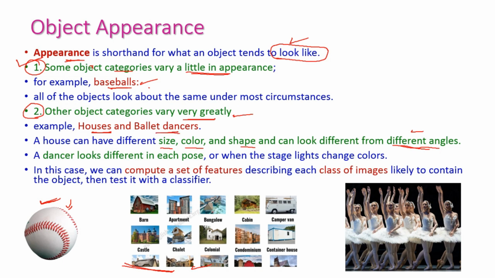While dancing the pose will change, and based on the stage light and color also, the dancer will look different. So in these cases we have to compute the features of a particular object. Based on the features we have to classify the images by using a very good classifier.